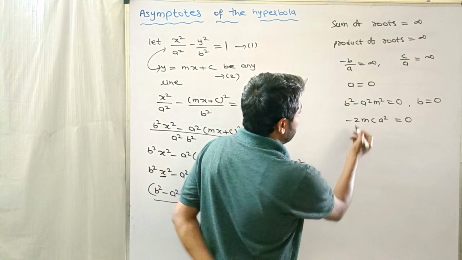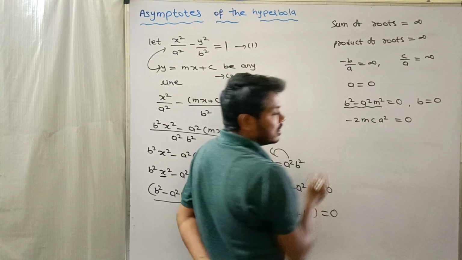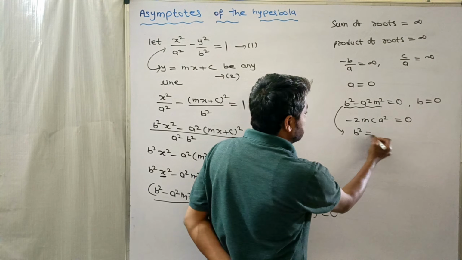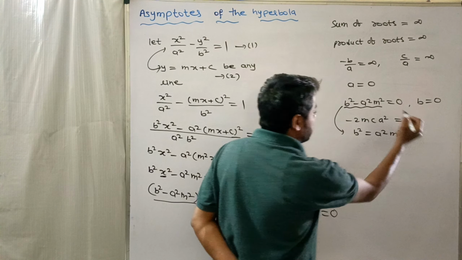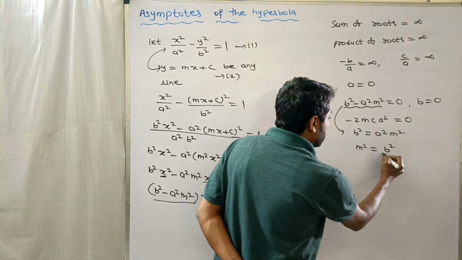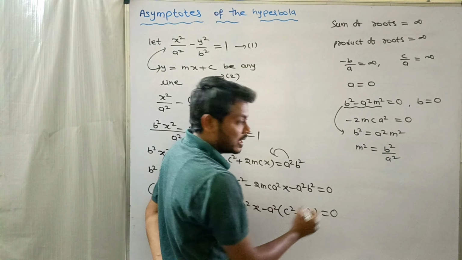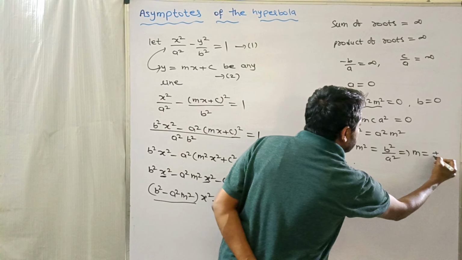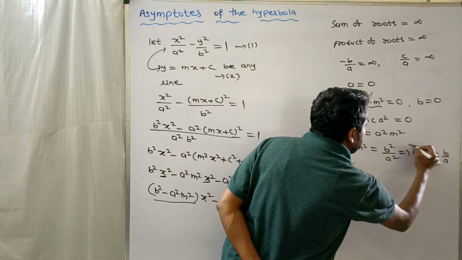Now from this, what is the m square value? From this equation, b square is equal to a square m square. From this, m square equals b square by a square. Again, what is the m value? m equals plus or minus b by a.